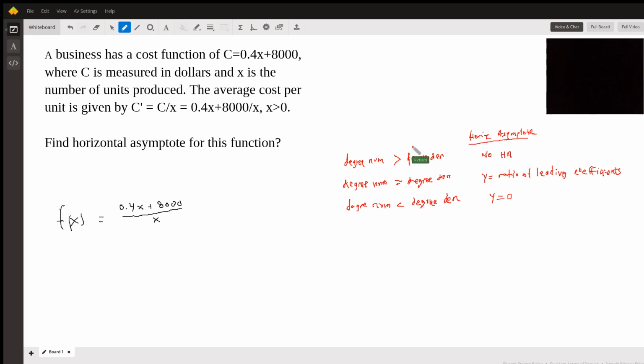Okay, so that's a nice little table there, and now we're going to apply these rules from the table.